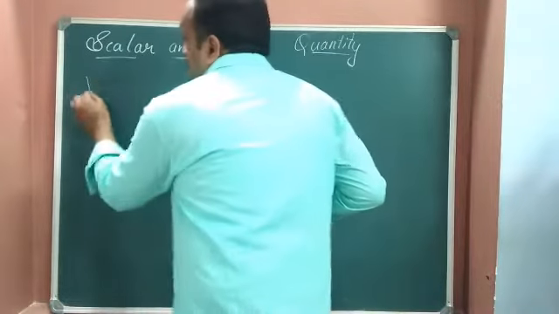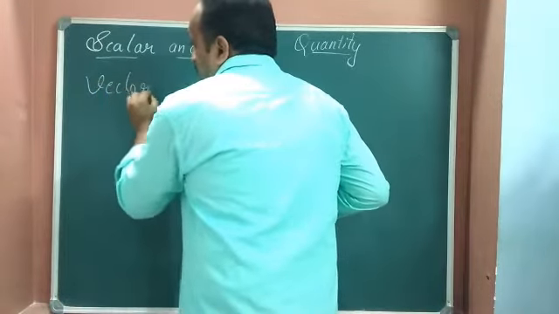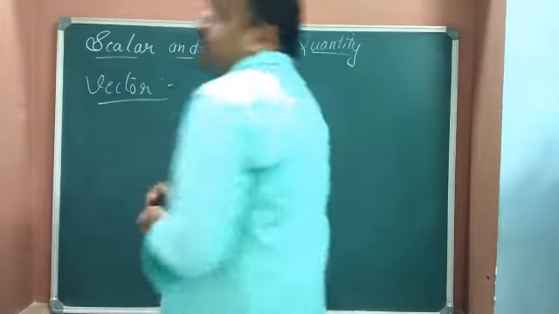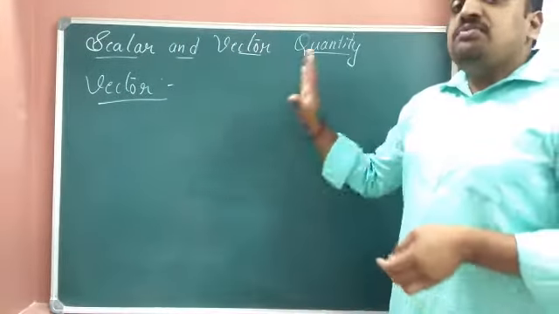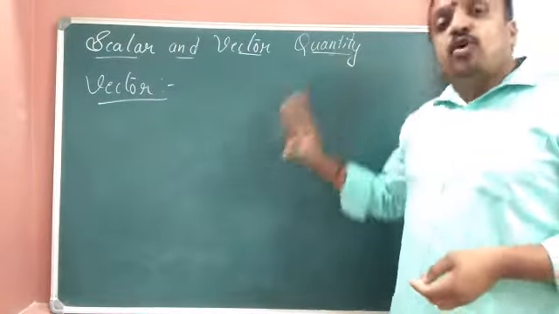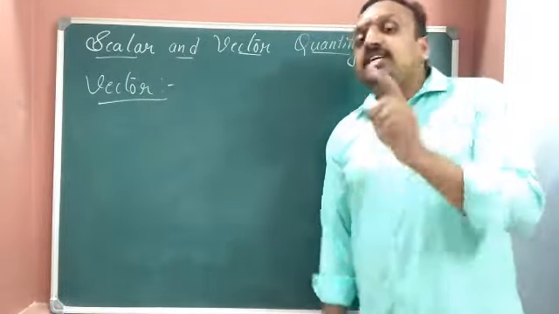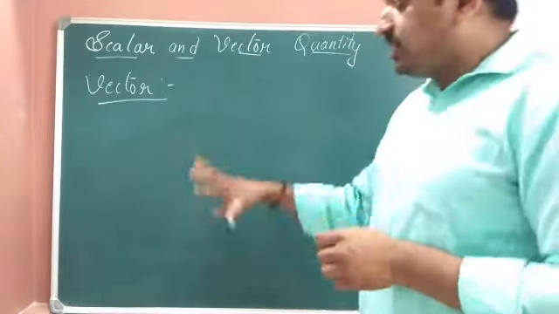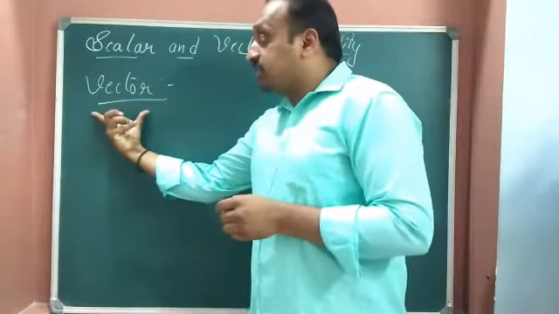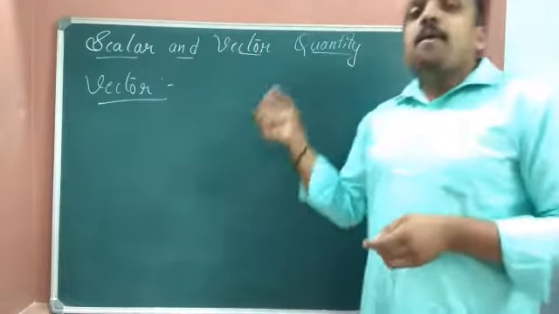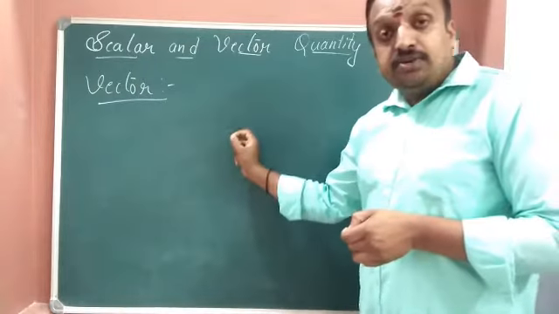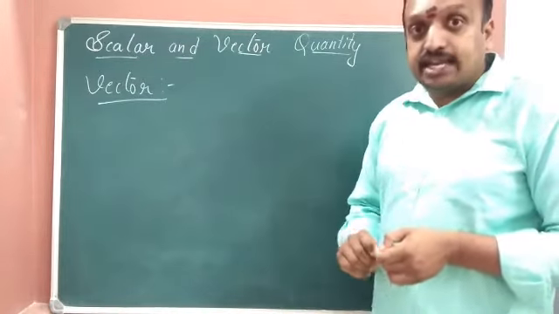Now the vector quantity. The quantity which can be measured in both magnitude as well as direction is called a vector quantity. It means if you want to measure a vector quantity, we need both magnitude as well as direction.